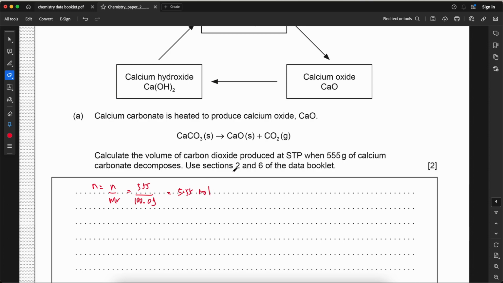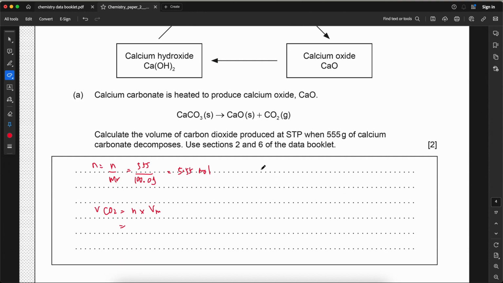The question is asking for the volume of carbon dioxide. To find the volume of carbon dioxide, you need mole times Vm. To find the mole of carbon dioxide, we can see on the equation that the coefficient of CaCO3 is the same as CO2, because 1 and 1.